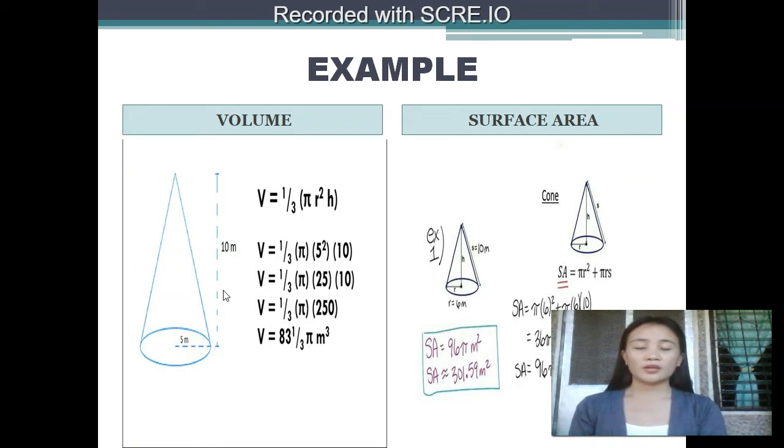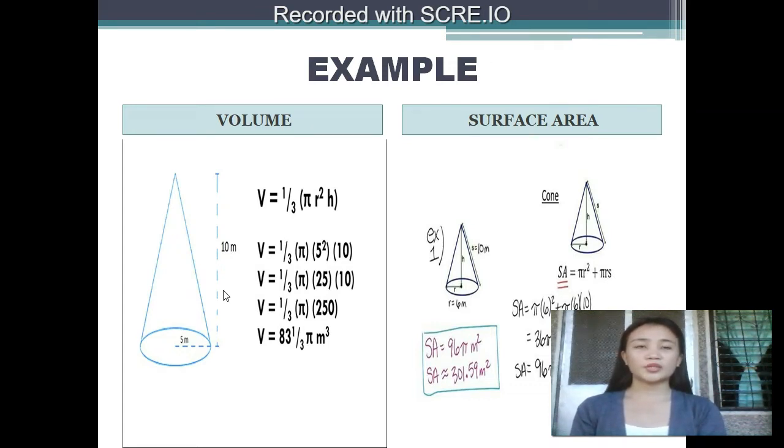So next, V is equal to 1/3 multiplied by pi multiplied by 250. Then we have the volume is equal to 83 1/3 pi meter cube.